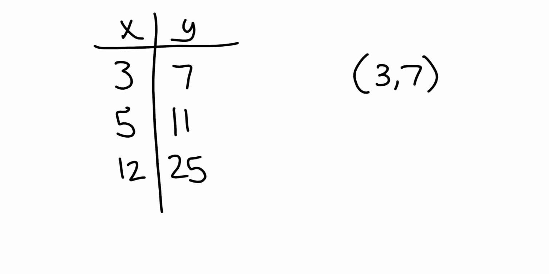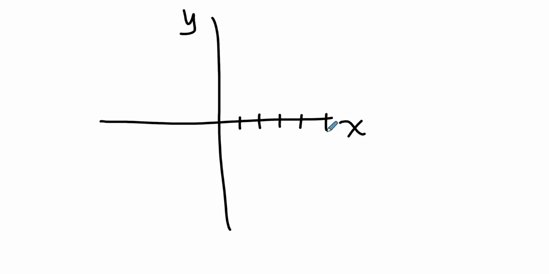One other way we show functions like this is in graphical form. There's an x-axis and a y-axis, and we can think about some of our ordered pairs, right? We had some ordered pairs.